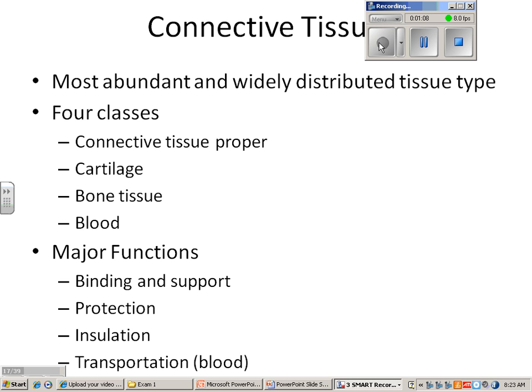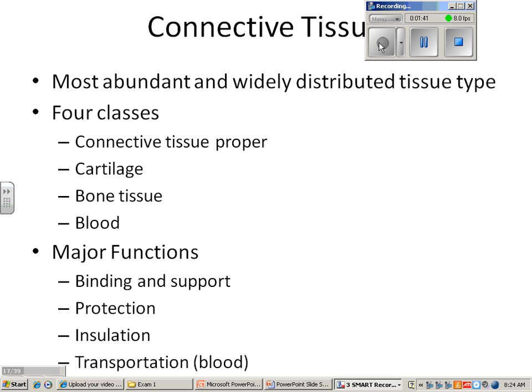It covers and lines everything external and internal to our body, and you can find it in a single layer called simple, or several layers called stratified, and there were 3 different types: squamous, cuboidal, and columnar tissue. So make sure that you understand that and have a clear understanding of functions and identification as well as location. That's our key to learning these tissues.